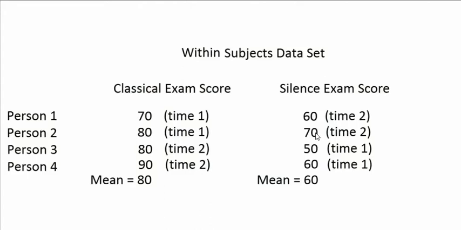Since each column is half and half, it means that the two columns are basically balanced.